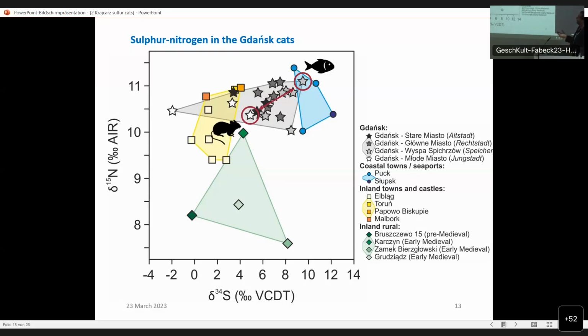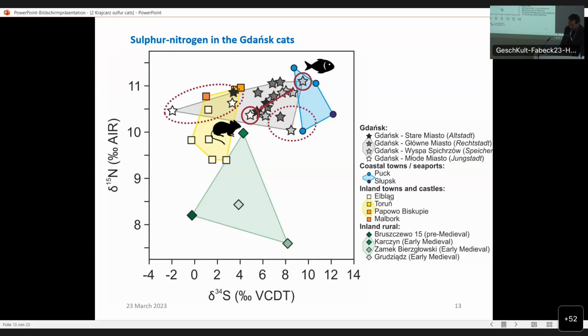I think we can interpret it in quite a simple way: here we can see many cats relying on food resources, one of which is marine fish in this upper right corner, and the other is non-marine, so most probably some terrestrial rodents in Gdańsk. And we can see a quite good coincidence with cats from other coastal locations and cats from inland locations.